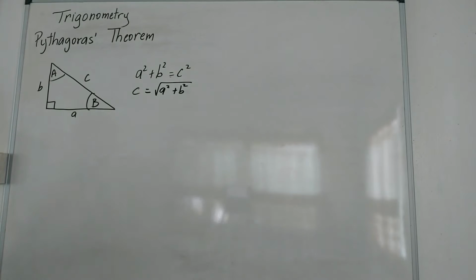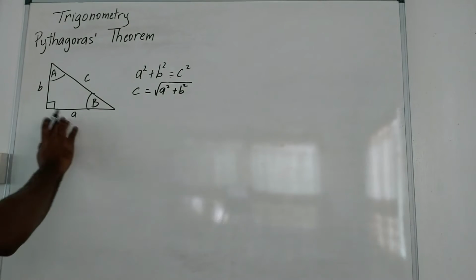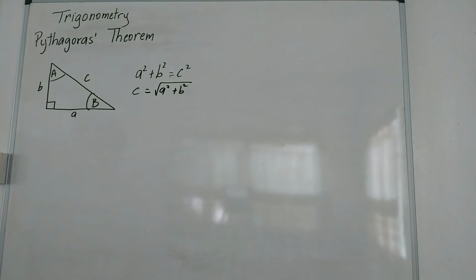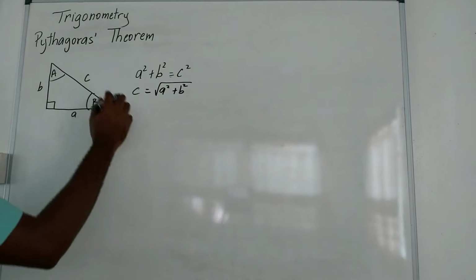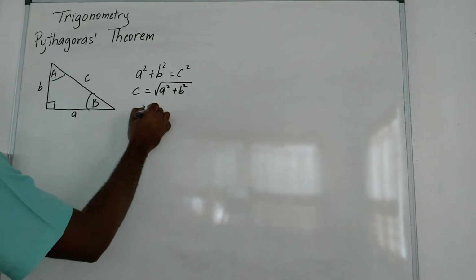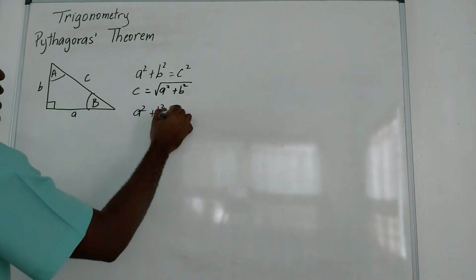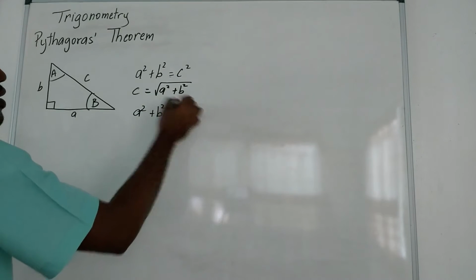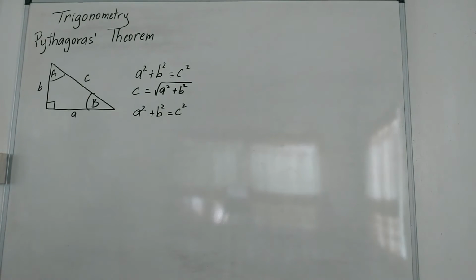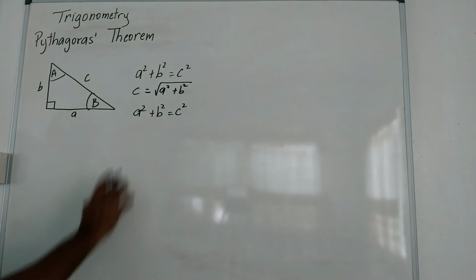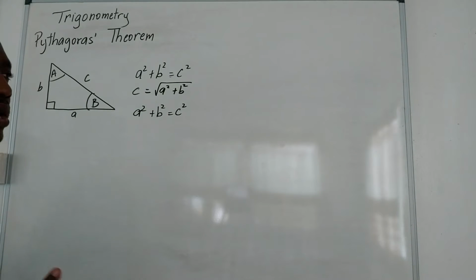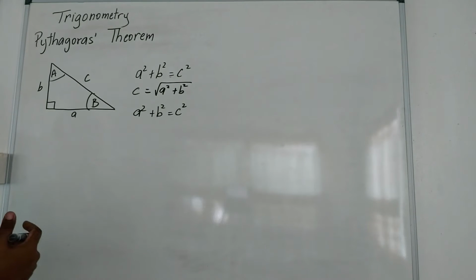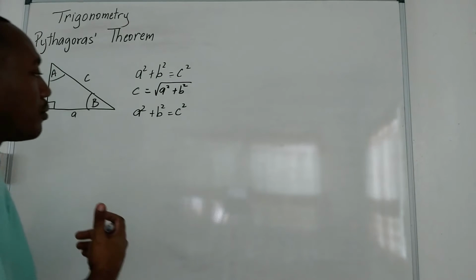But what if we wanted to find one of the other 2 sides? Let's say we wanted to find the side A. How would we go about doing that? Let's go back to our formula and rewrite it. A squared plus b squared is equal to c squared. How would we find what A is equal to? Let us use our knowledge from transposition.